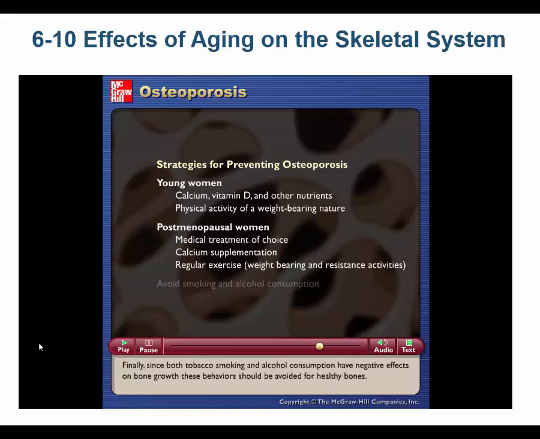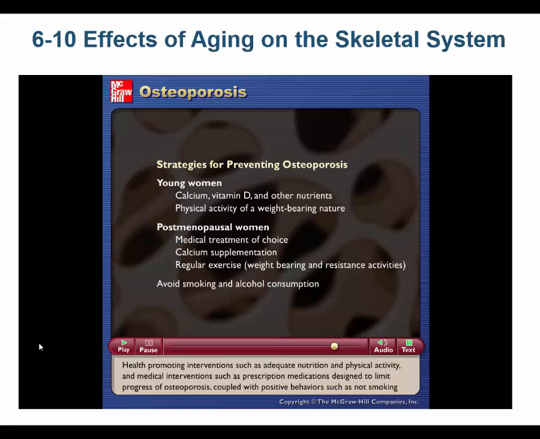Finally, since both tobacco smoking and alcohol consumption have negative effects on bone growth, these behaviors should be avoided for healthy bones. In summary, osteoporosis, the weakening of bones due to loss of calcium and phosphorus from the interior of the bone architecture, is a degenerative disease that is influenced by many contributing factors.